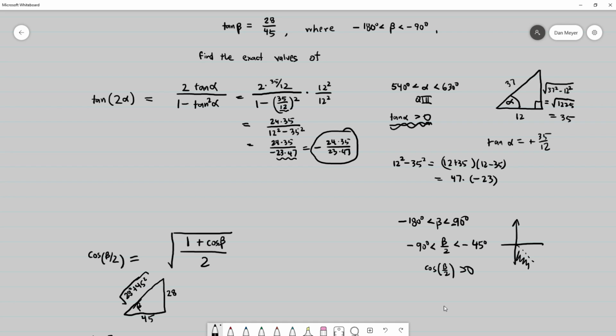Square root of 28 squared plus 45 squared on the calculator gives us exactly 53. All right, so this will be the square root of 1 plus cosine of beta, which is 45 over 53.